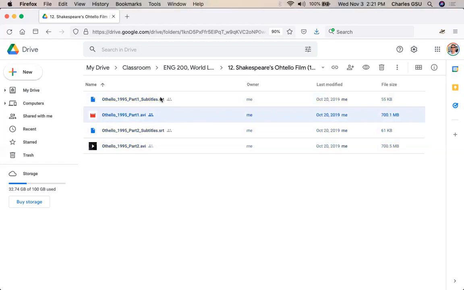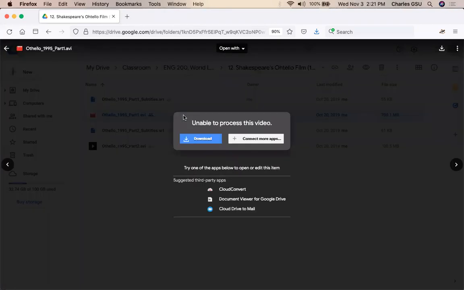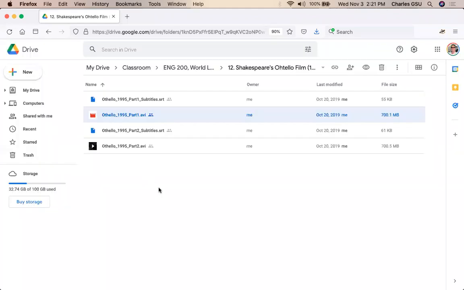And because the subtitle files will be inside of the folder, the subtitle files will play automatically, and it is 99% the accurate language of the play itself.